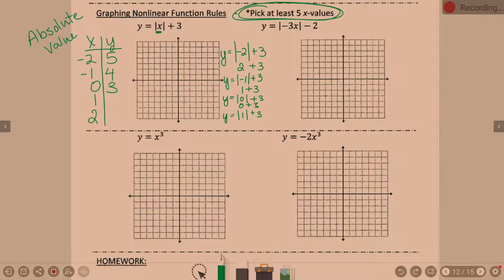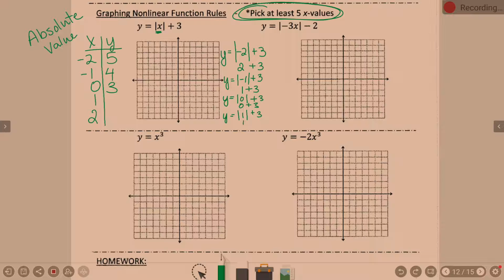Then it's going to be 1. Oh, hold on. Now wouldn't it just be the opposite? No. What did I say absolute value always does? It always makes it positive. So if it's already positive, it's just going to stay positive. So the absolute value of 1 is 1.